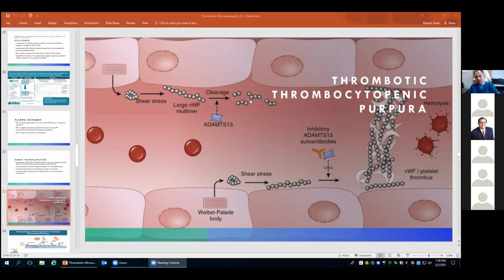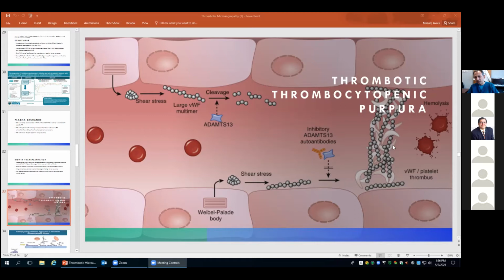When it remains small, there's no accumulation of platelets on it. But if this enzyme is deficient, and there's shear stress on the arterioles, the von Willebrand factor is released as a pretty long one. Here ADAMTS13 is present, but it's blocked by antibodies and is not active.